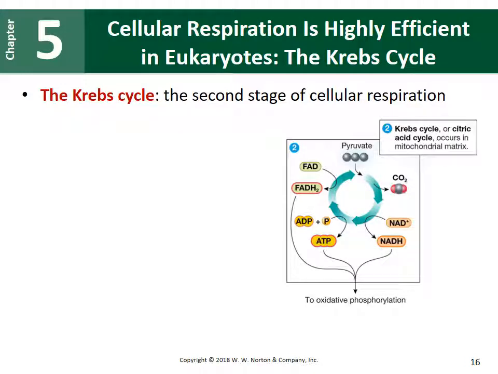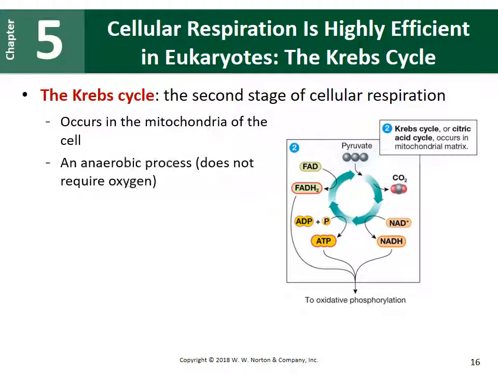That pyruvate that was created at the end of glycolysis will then go into the Krebs cycle. This is the second stage. It occurs in the mitochondria, and it is also anaerobic, so it does not require any oxygen. This is an enzyme-driven reaction.